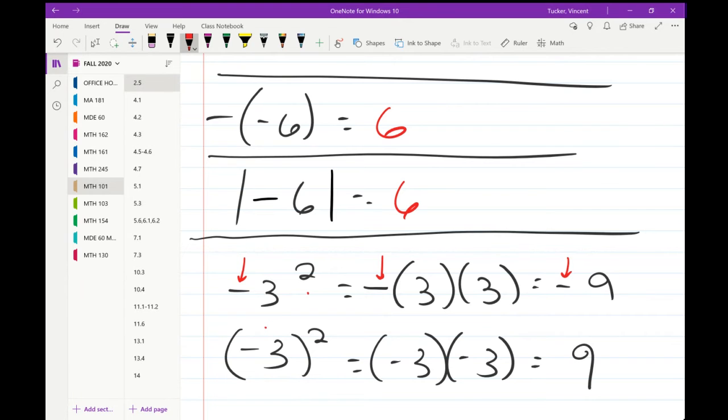If you want your negative to be included or be affected by the exponent, you have to use parentheses around the negative. So that's something that people can even mess up, or think they're putting the right thing in the calculator. Once again, one will produce a negative 9, the other one will produce a positive 9.